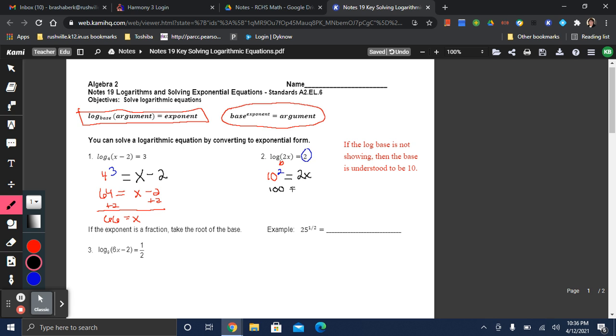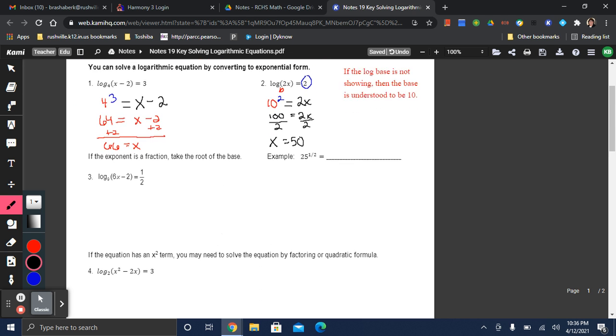So this is 100 equals 2x. We can divide both sides by 2, and x will equal 50. So again, you're converting from a logarithm to an equation that has exponents in it.